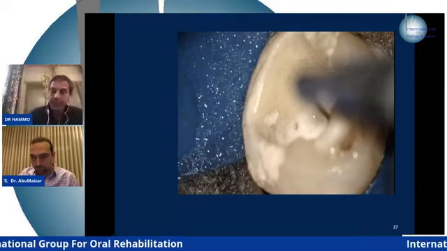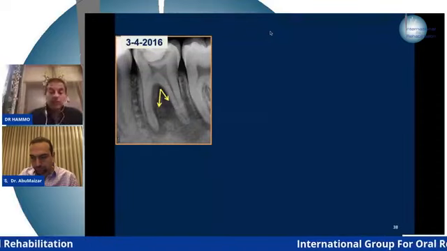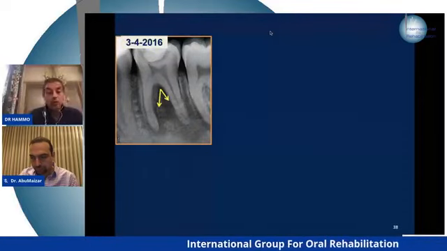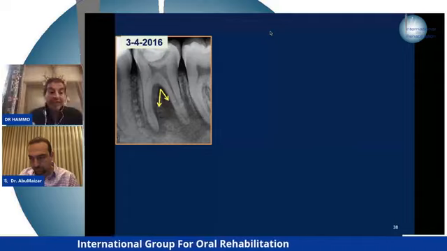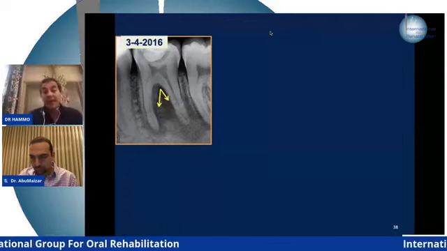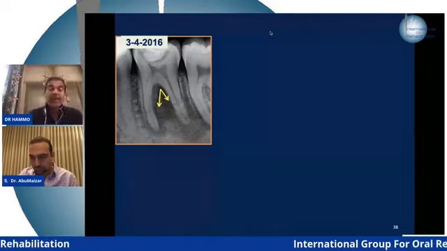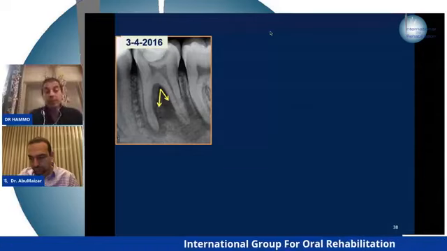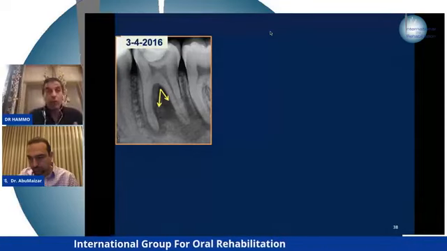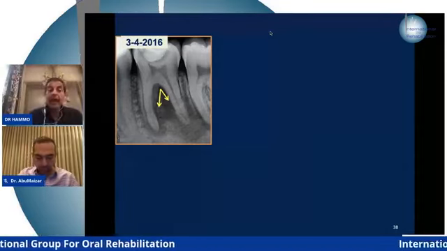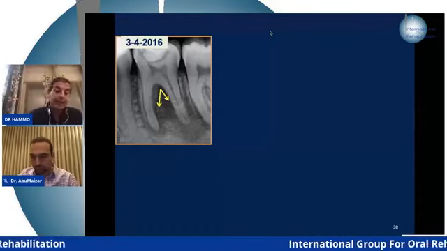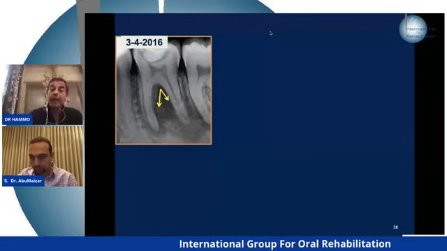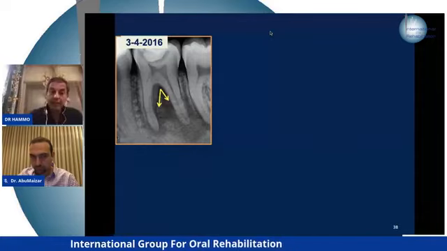Great. So when we have a necrotic tooth, my protocol is to use sodium hypochlorite for 30 minutes. Every 3 to 5 minutes, I will use 5 cc. Then I will activate with my ultrasonic tip for 1 minute. And then I will use EDTA for 1 minute in each canal. Then I will activate.